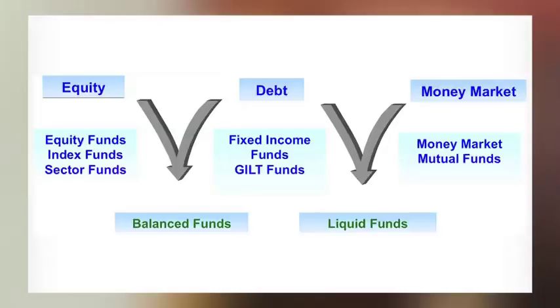There I need to wait for a pretty long time to get the returns or to get my money back. In such a case, if the investor has an objective of getting decent returns, but at the same time is looking for liquidity, he can enter into liquid funds. Liquid funds are a combination of debt as well as the money market.